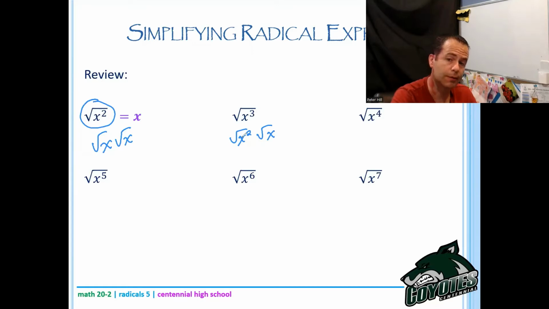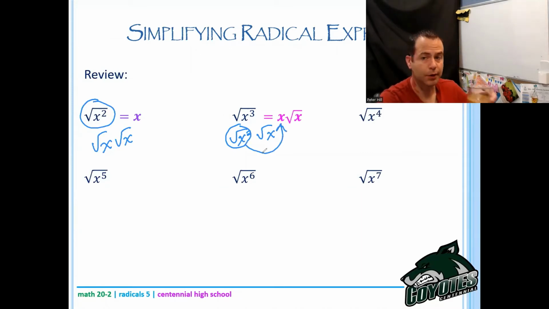So the root of x squared is x, and then I'd be left over with root x. So we would have x times the root of x. Now, again, what did I do there? The root of x squared is that x right there.